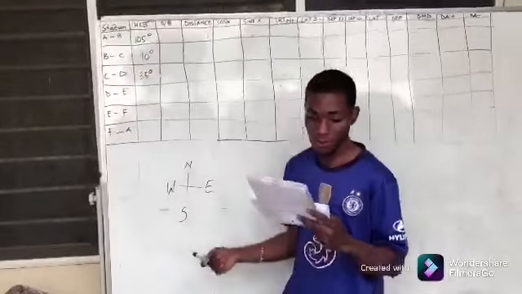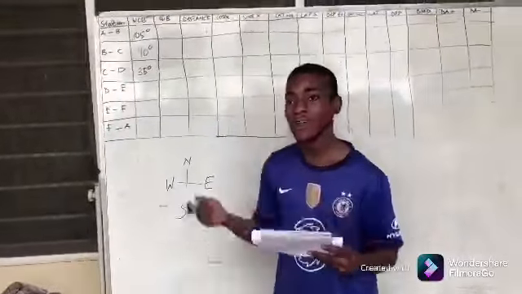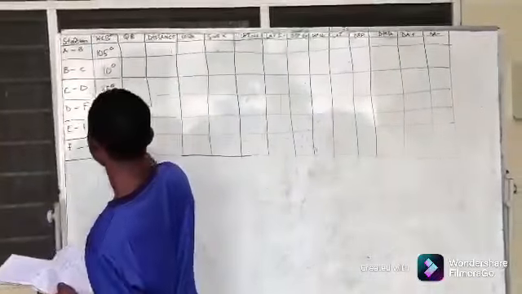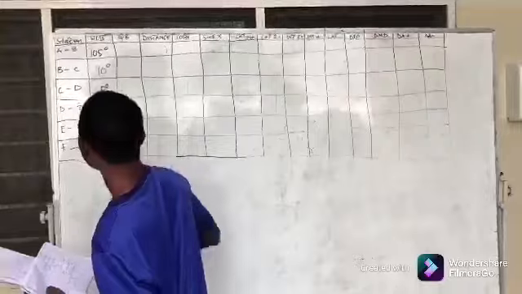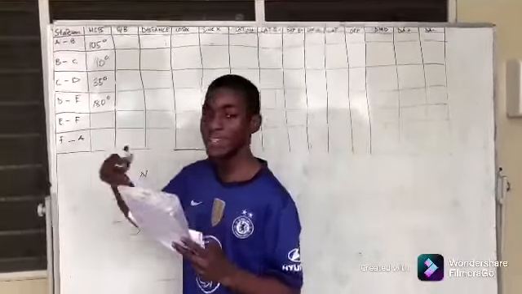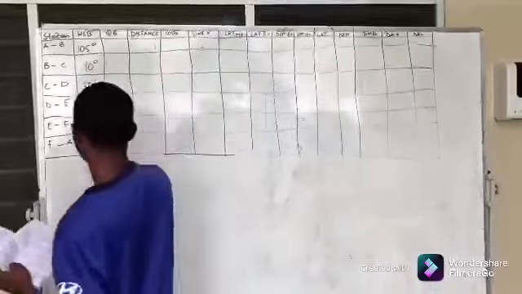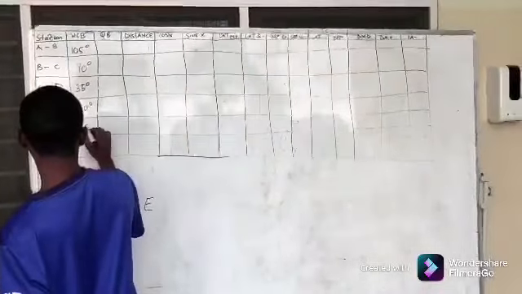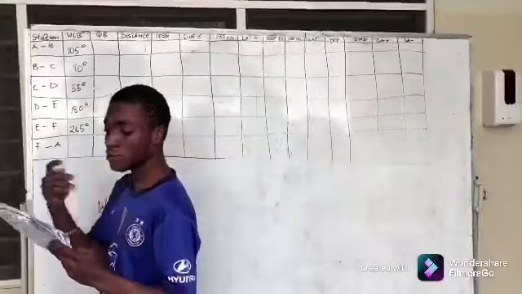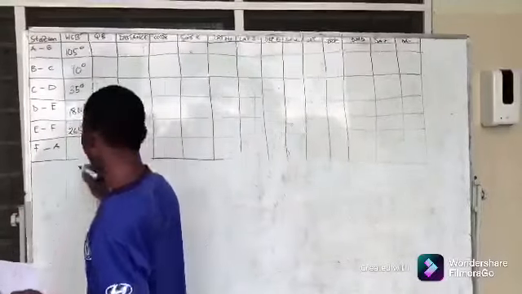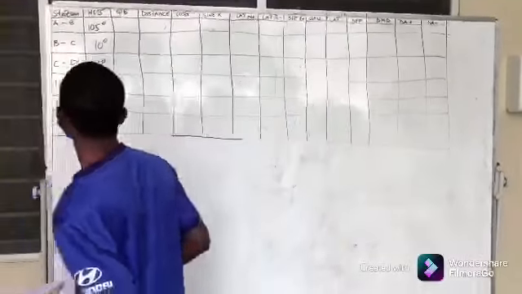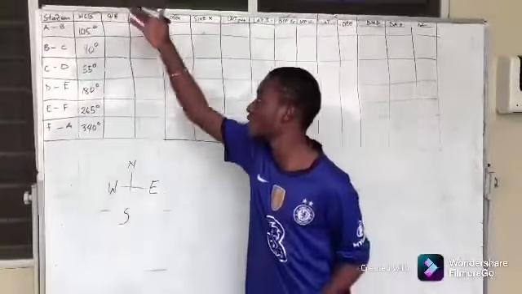And also DE, we were given 187. 187 minus 7, that is 180. Then EF, we were given 272 minus 7, that is 265 degrees. FA, we were given 347, that is 340 degrees. So we are done with the whole circle bearing.